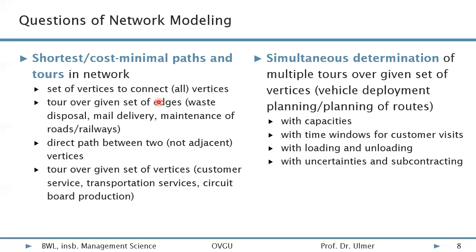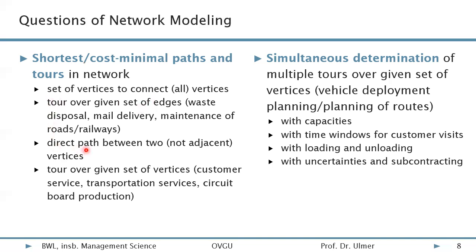Then you need to collect them. You need to drive through all streets. And here we're looking for a tour that doesn't unnecessarily visit some streets more than one time, which is in reality not always possible because we have one-way streets or dead ends, so we have to go back. This would be one common question.